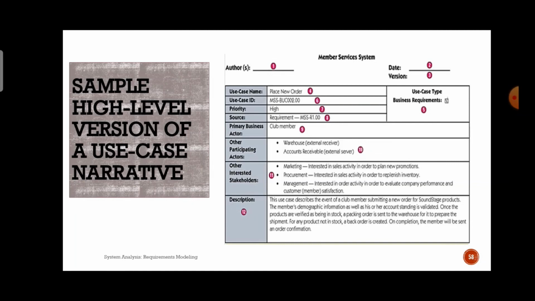There should be a date the use case was last modified, the version, which identifies the current version of the use case, and then the use case name, which should represent the goal that the use case is trying to accomplish. It should begin with a verb. The use case type is business requirements. Use cases provide a general understanding of the problem domain and scope, but don't include data to communicate to developers what the system should do.